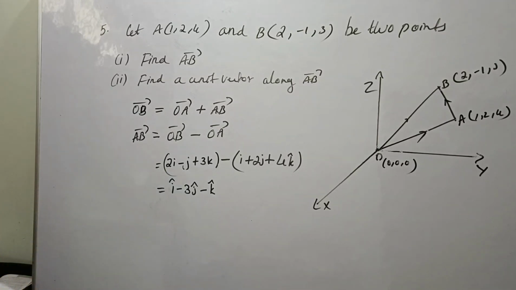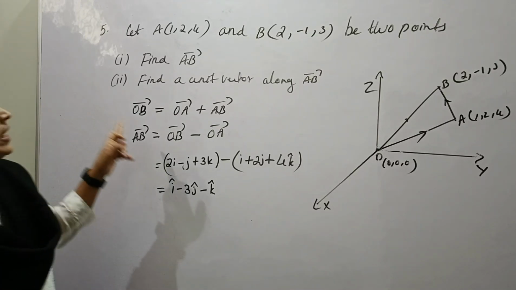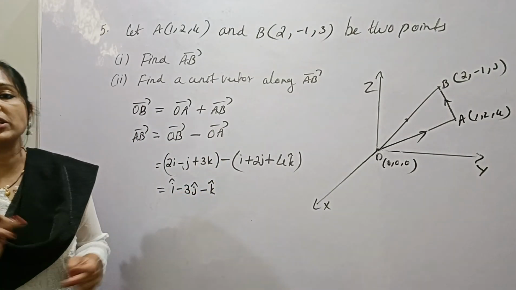Next, the second question is to find a unit vector along vector AB.